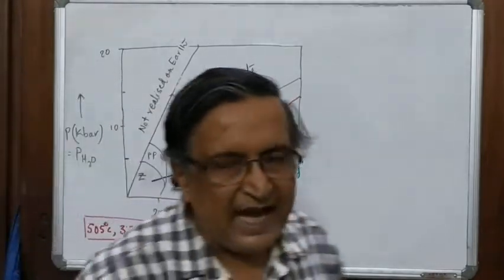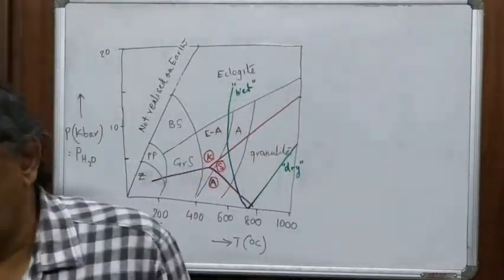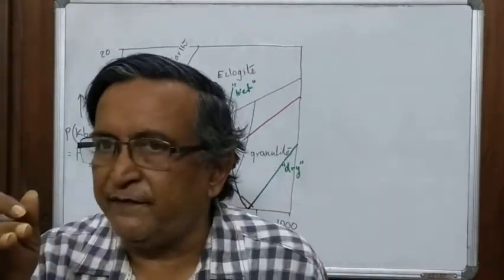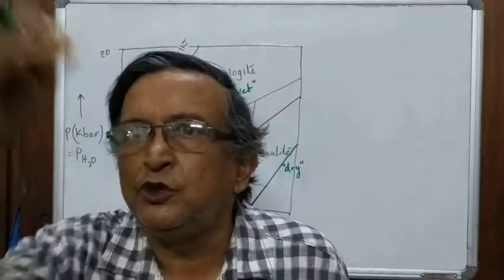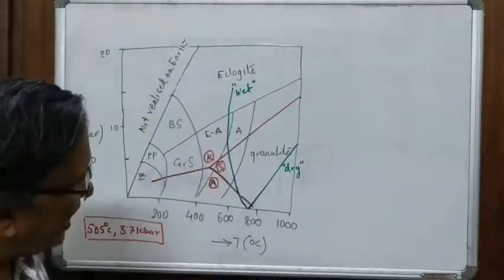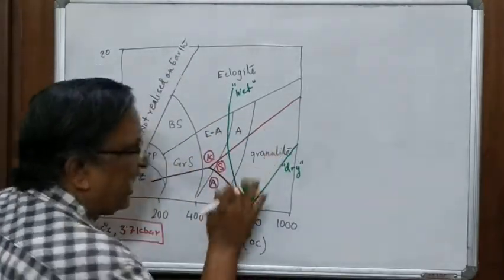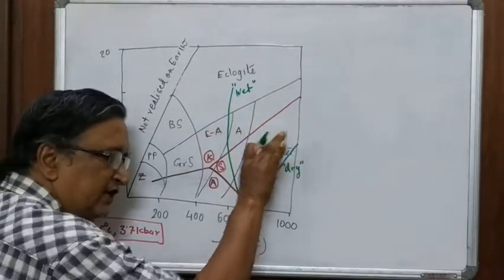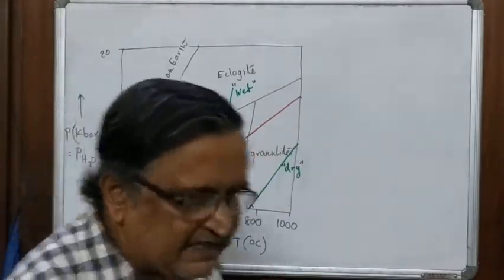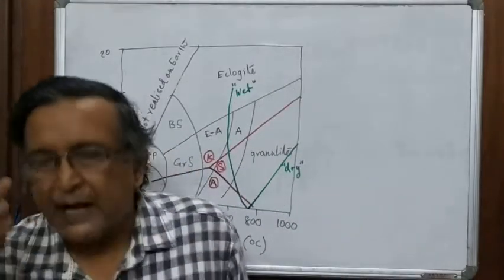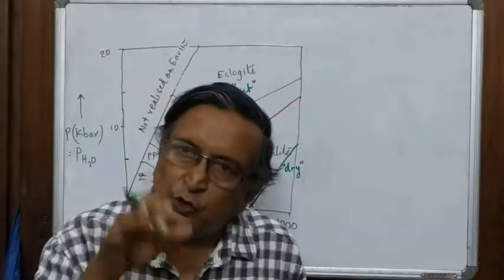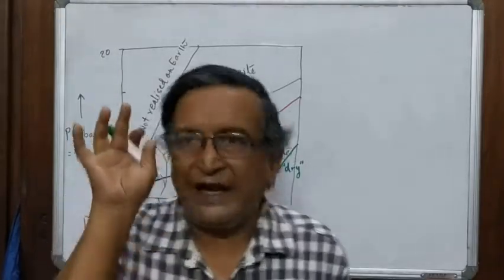That means XH2O is equal to 1, or the partial pressure of H2O is equal to the total pressure. And the melting temperature normally rotates to higher temperature as the granite becomes drier and drier. That means XH2O becomes less than 1.